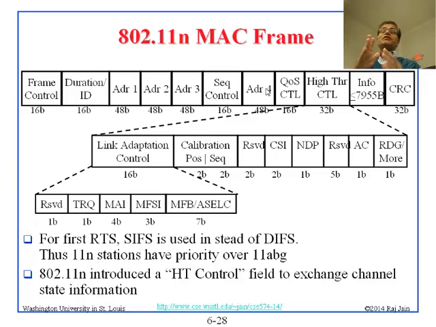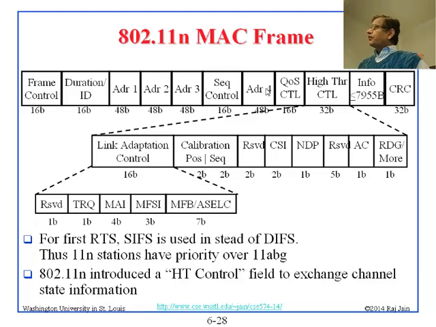So the first time you just use SIFS. You see the channel is idle, you want to send, and instead of DIFS, you just use SIFS, the smallest value. That way it will have priority over a/b/g, which is kind of unfair. So a/b/g guys will have to wait for DIFS, but 11n does not.